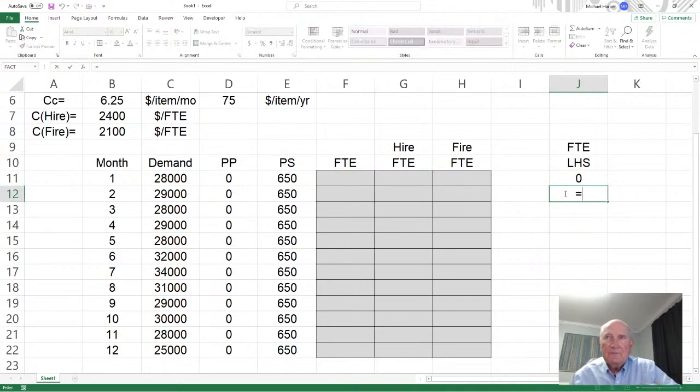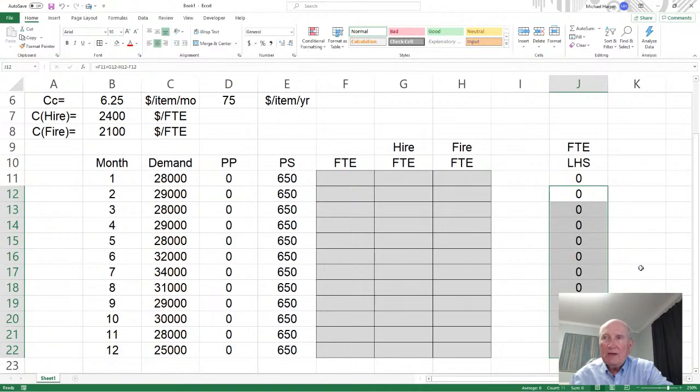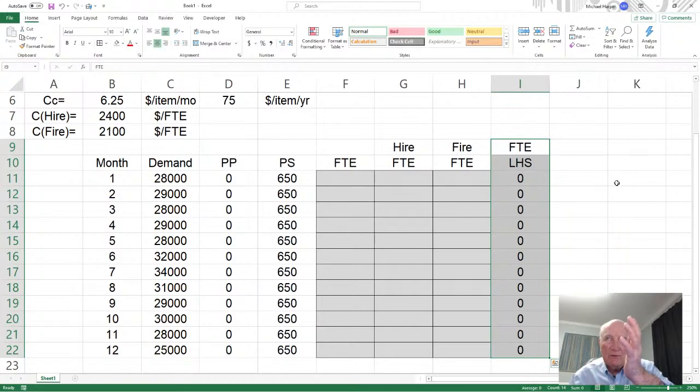Same thing here. The FTE in the time period before plus what we're hiring minus what we're firing minus the FTE in that time period, and then we can copy that down. There we go. So there's our equilibrium equations, and bring this over. So our labor is good.